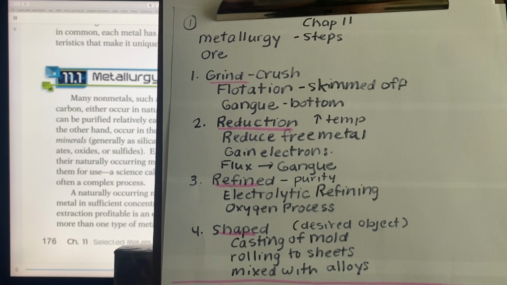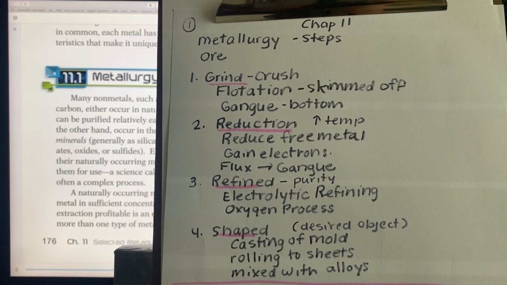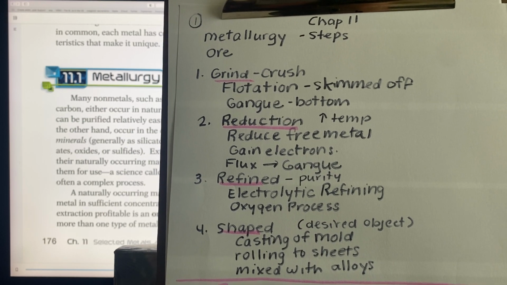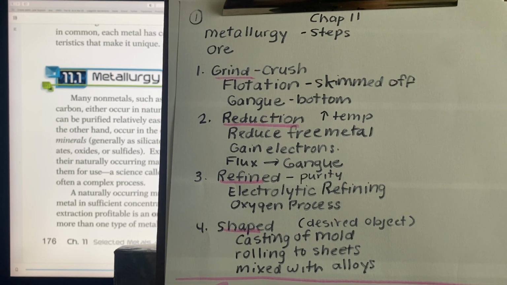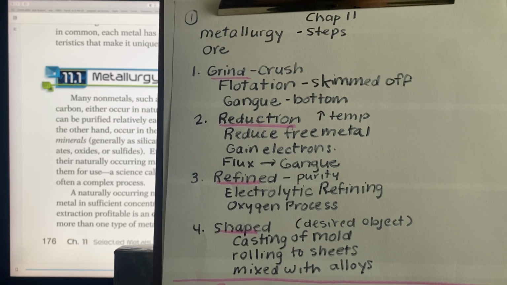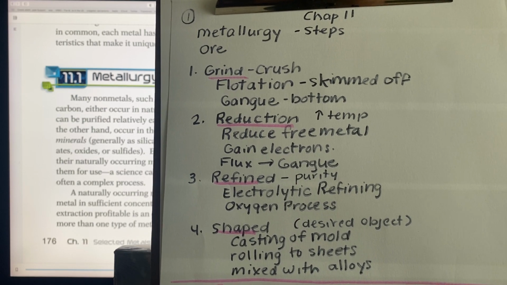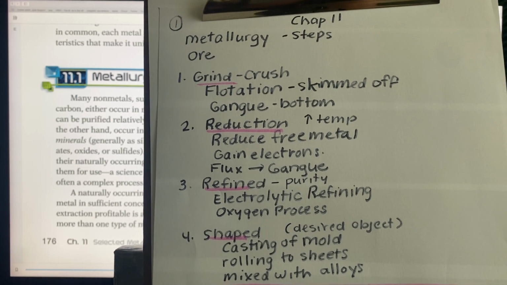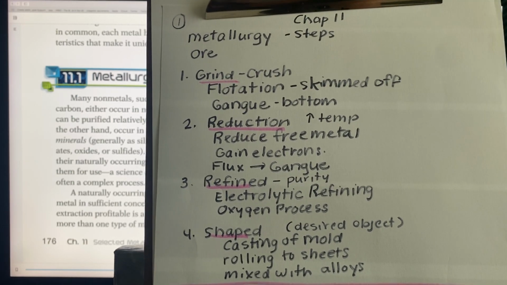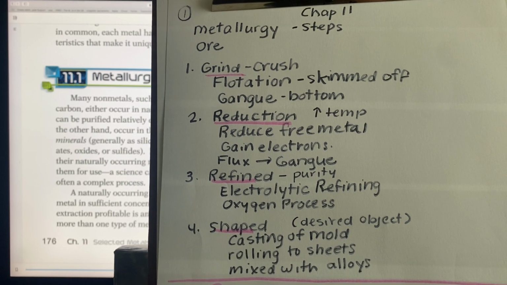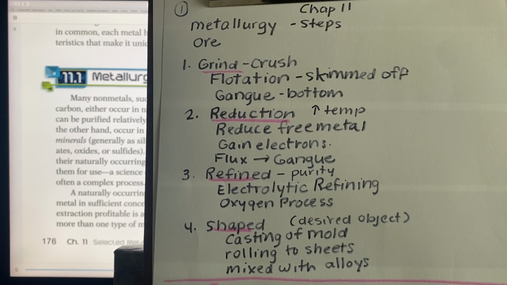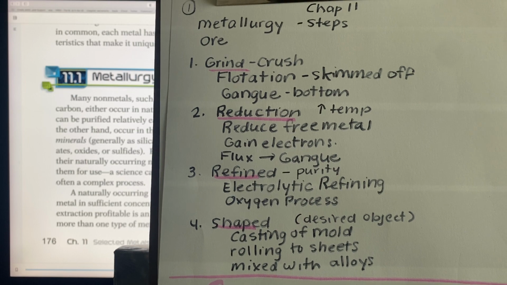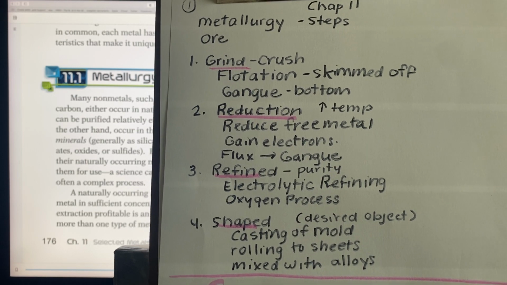In the midst of this electrolytic refining, putting electricity through, and sometimes also putting oxygen in at high levels, this causes another step in the refining process. So this oxygen process basically leads to step 4.